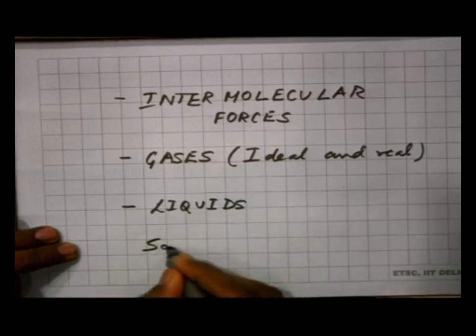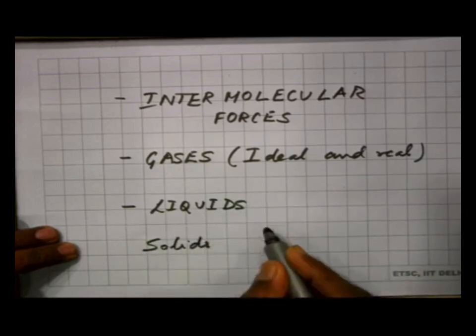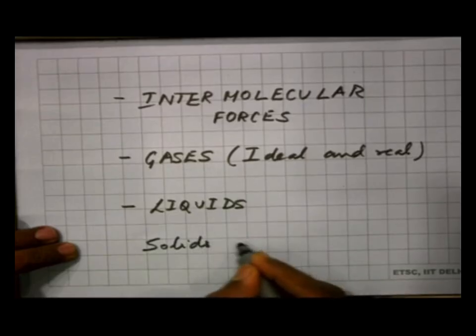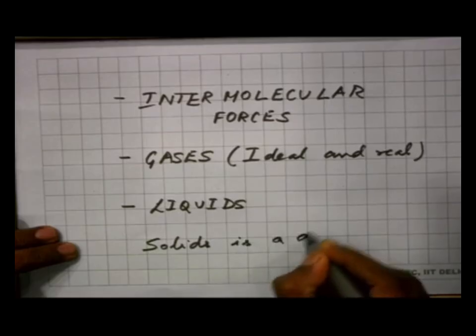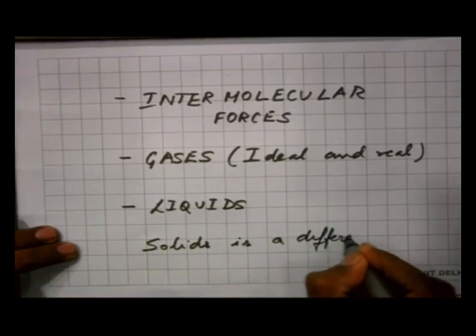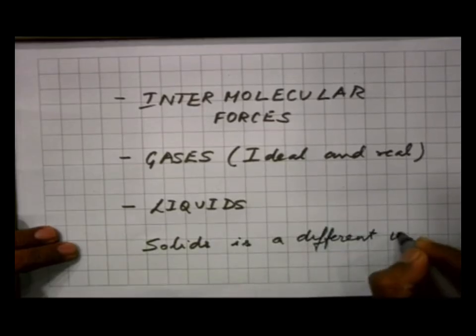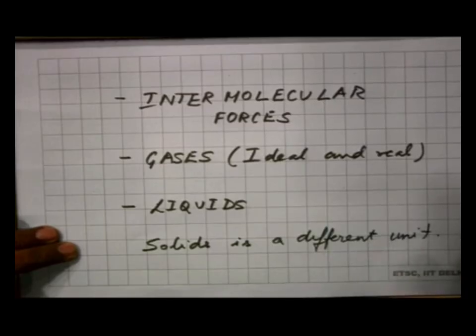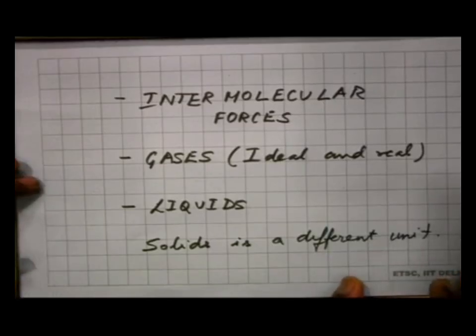Solids is dealt with, which is also a state of matter, in a different chapter, different unit, whatever you want to call it. So, these are the three things that we will discuss: intermolecular forces, gases and liquids.